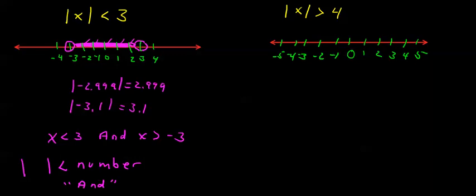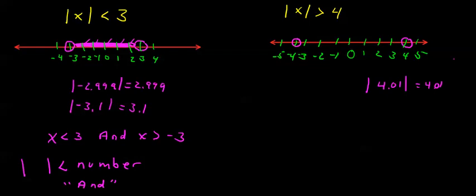Now let's look at this one. Absolute value of x greater than 4. So we'll put negative 4 and 4 because those are equal. Absolute value of negative 3, 3, no. Negative 2 is 2, no. 0, 0, no. 3, no. How about the absolute value of 4.01 is 4.01.